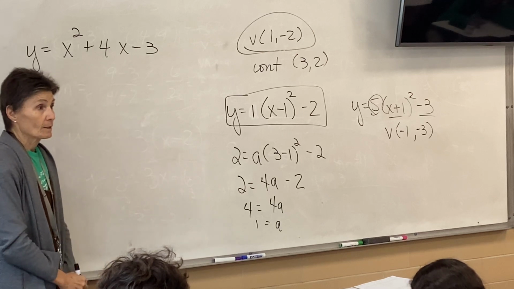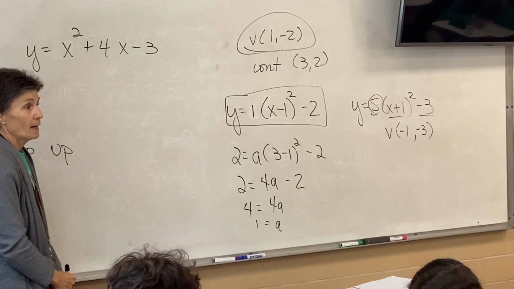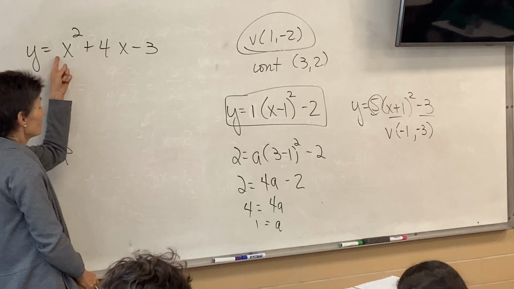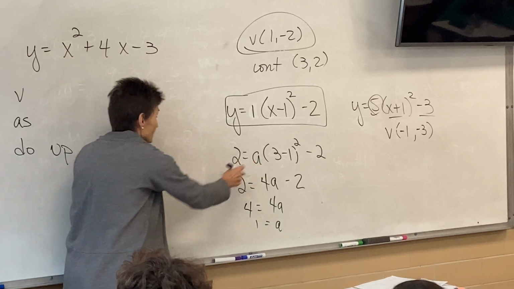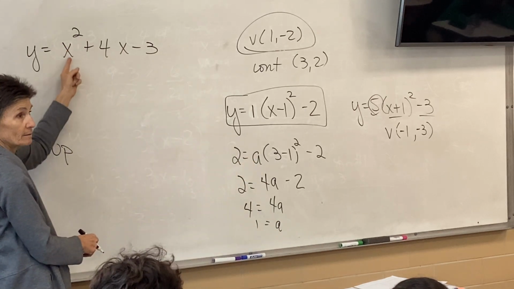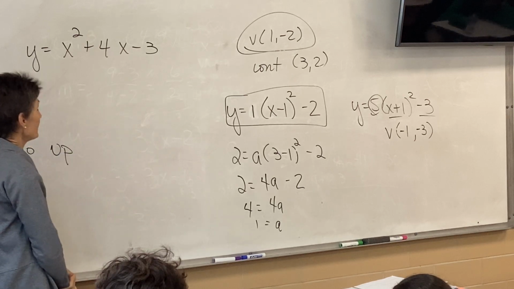Okay? So it opens up, she says. Would everybody agree with that? Yes. How do I know? That number right there, that a number, is a positive 1. Positive's up.